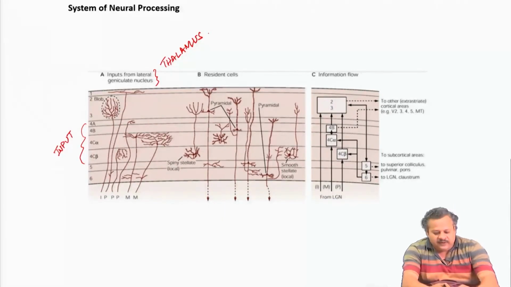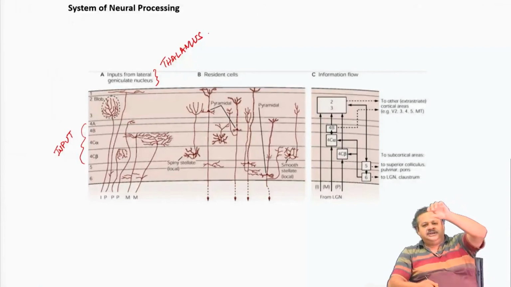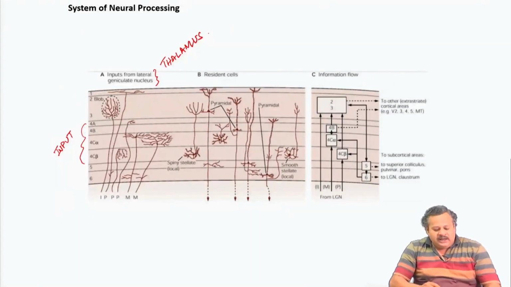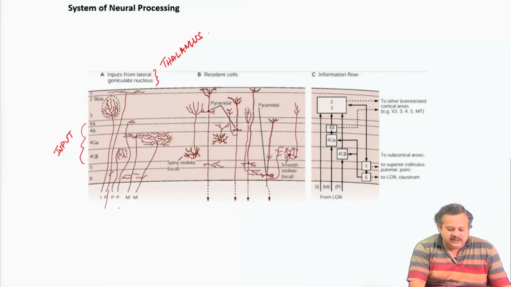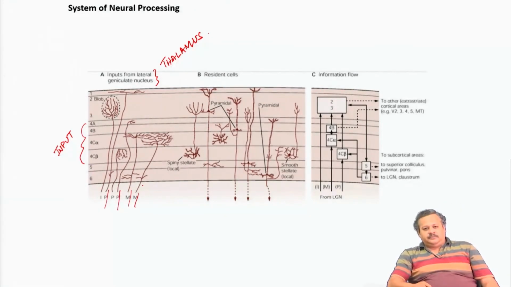So, now what we have reached here is in the cerebrum, the gray matter region that we had in the gyri, and the white matter region contains these fibers that are bringing in that information.